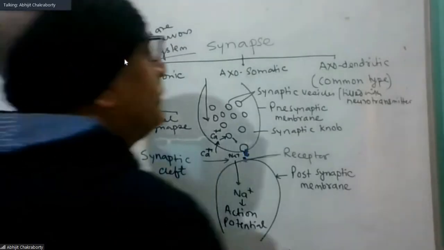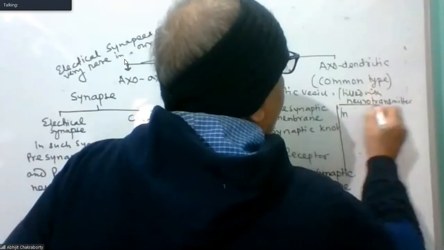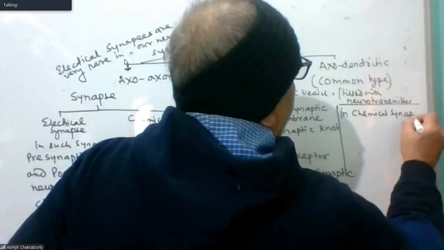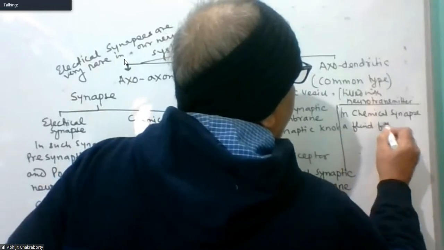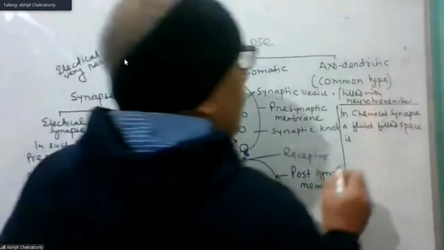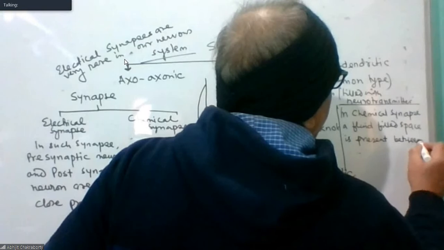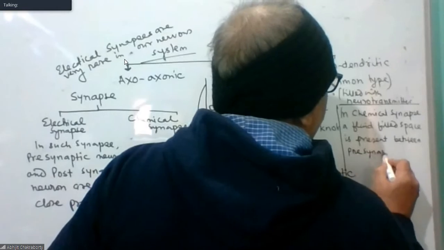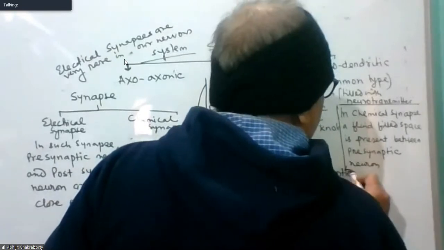In chemical synapse, as I am writing here, a fluid-filled space is present between the presynaptic neuron and postsynaptic neuron.